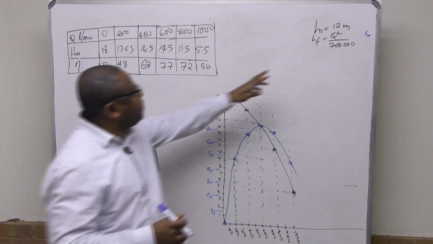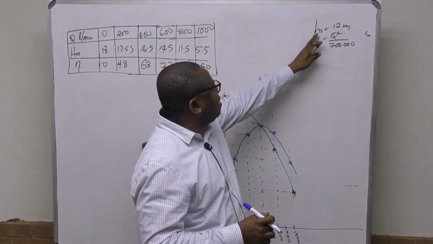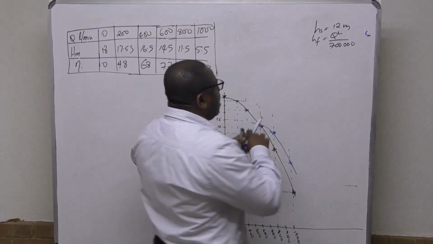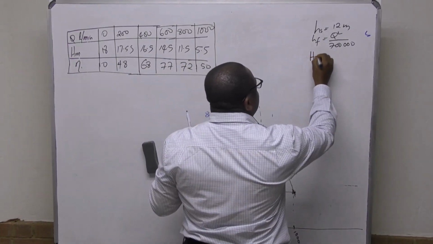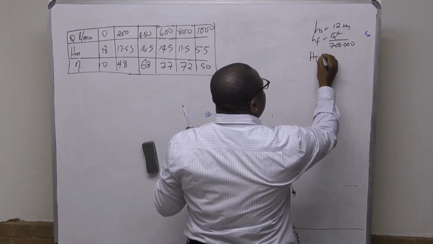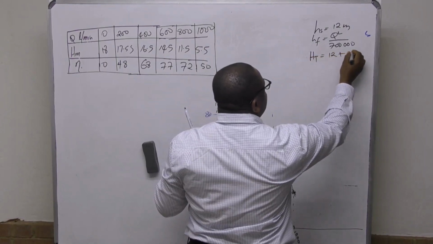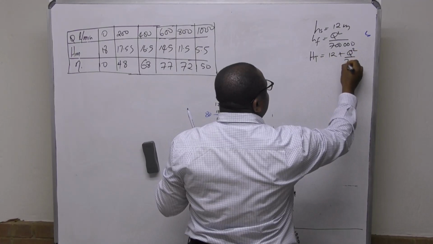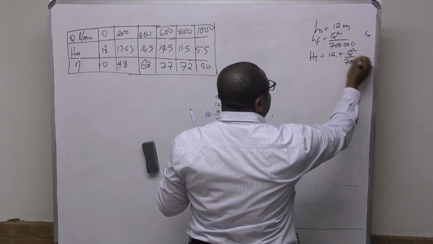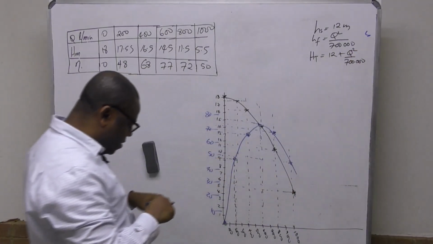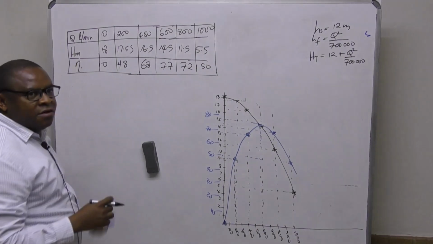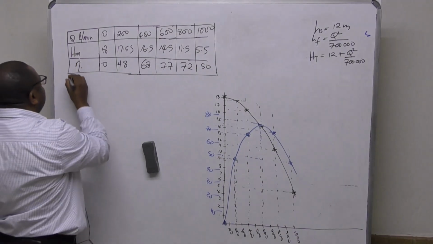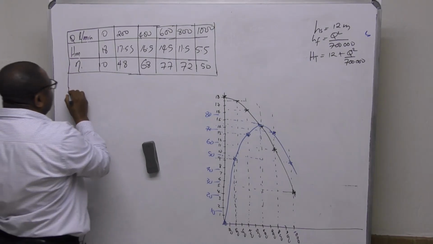Now we have head here, the total head for the system, which is 12 plus Q squared over 700,000. So in other words, we can easily calculate that head. I'm going to put the head.